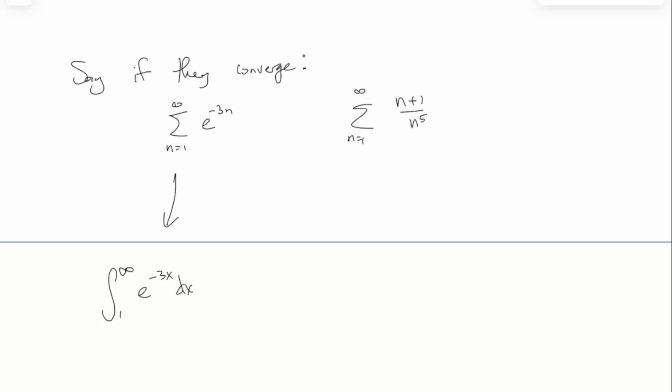So it converges, which means the series converges. So what happens when you make this infinite?